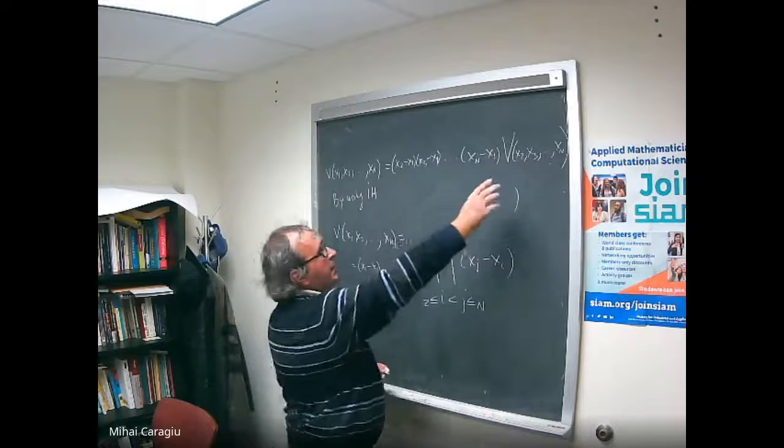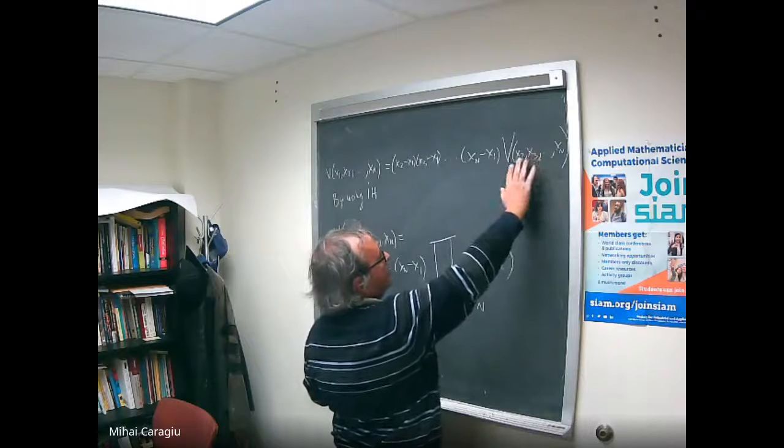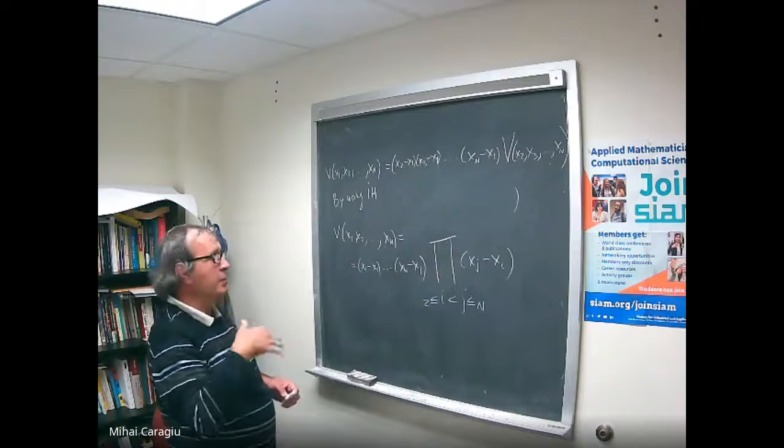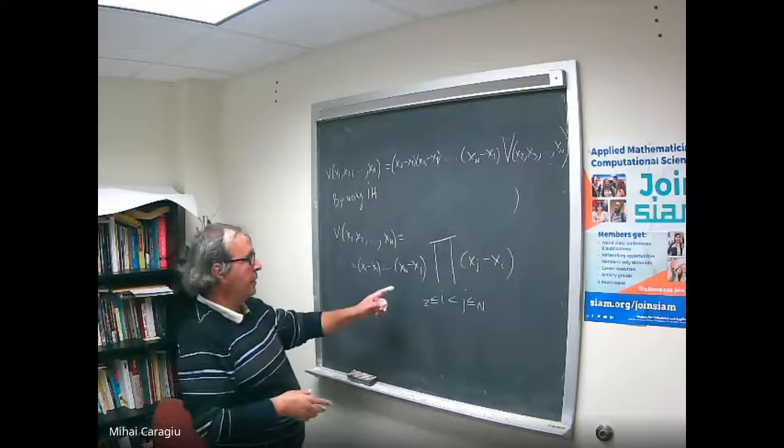So x3 minus x2, xn minus x2, then all possibilities of x with bigger subscript minus x with smaller subscript, but with the subscripts from 2 to n.